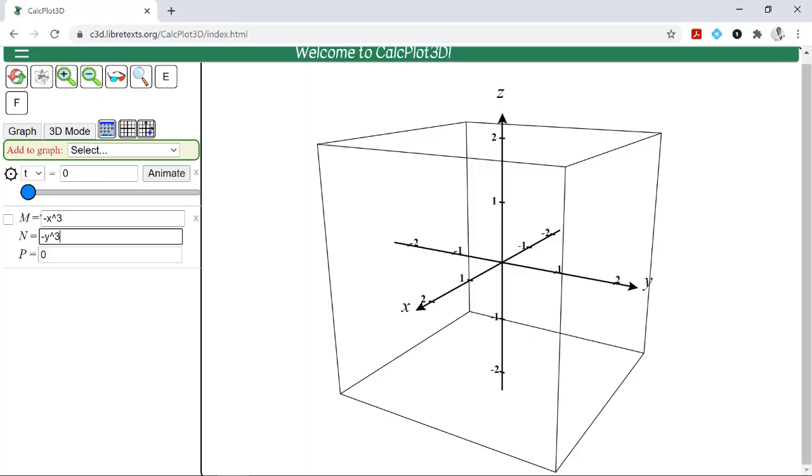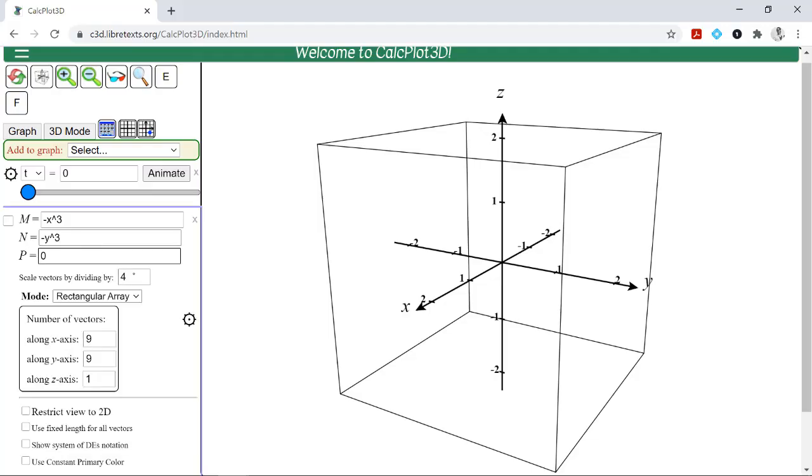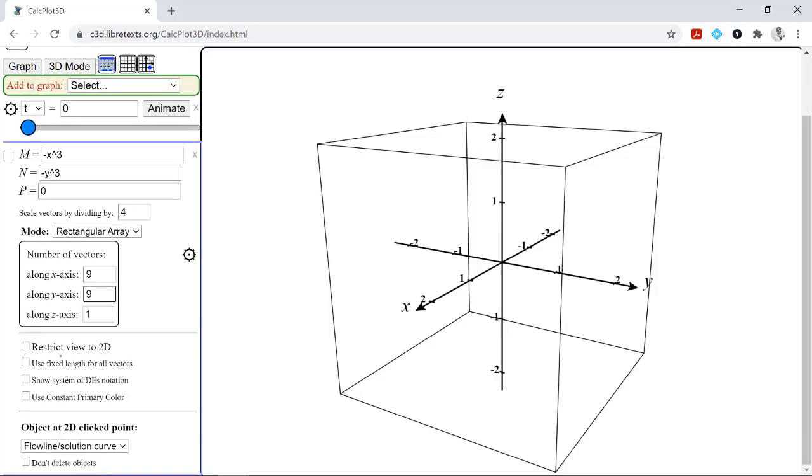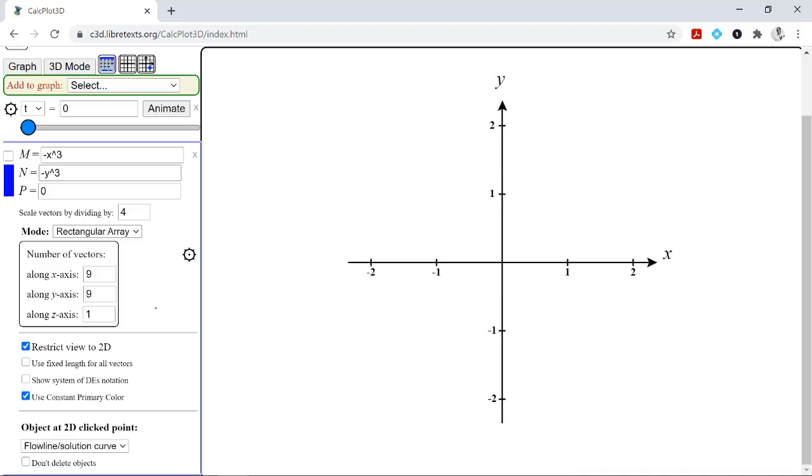This is asking for a three-dimensional vector field, but we're only going to consider the two-dimensional vector field, and we'll make the p equal to 0. Now the number of vectors you want to show along the x and along the y, we should probably keep about the same, and we're not going to do this in 3 dimensions, so we just need 1 along the z. In fact, if we restrict our view to 2 dimensions, then we're just going to be looking at our 2-dimensional graph. Okay, let's take a look at it.